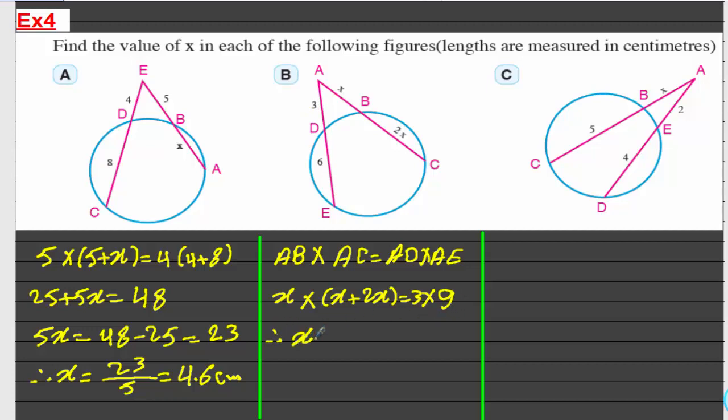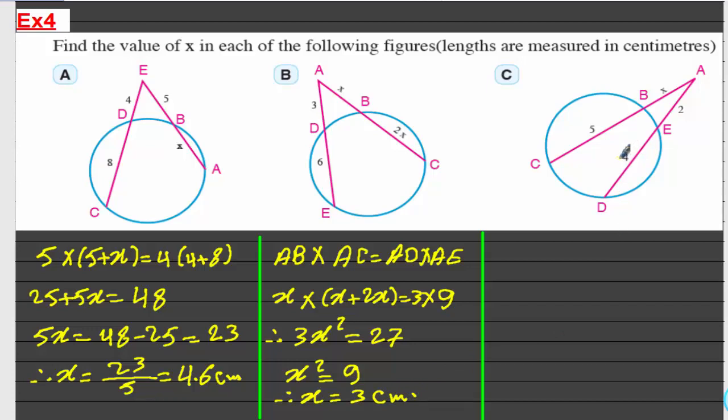So x power 2, or we can simplify it, x multiply 3x, here it is 3x power 2 equals 3 multiply 9, it's 27. So x squared equals 27 divide 3, it is 9, and x equals 3 centimeters.